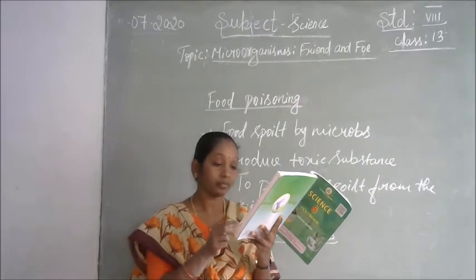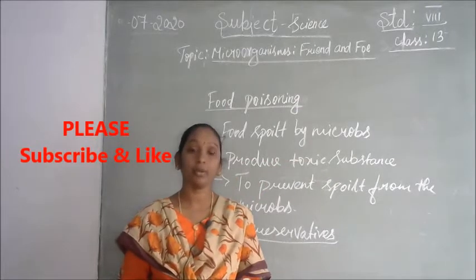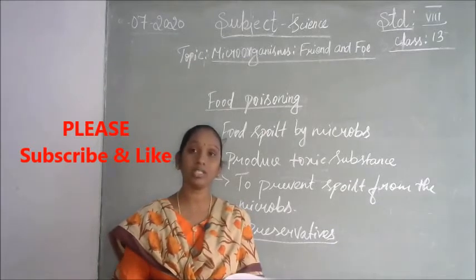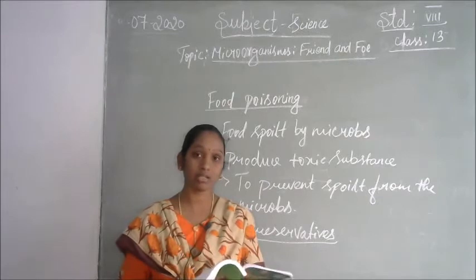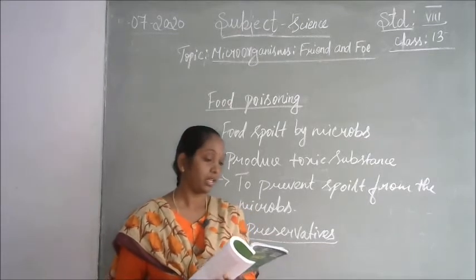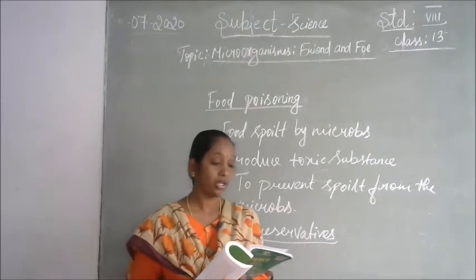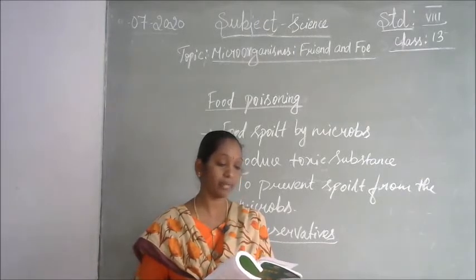Now, if you add certain preservatives, the food should not be spoiled. Not only chemicals, other preservatives can also be added to prevent food spoiling. First, the chemical method. Salt and edible oils are common chemicals generally used to check the growth of microorganisms.